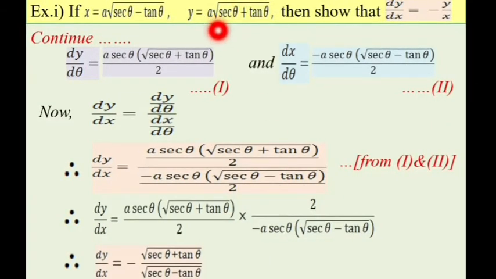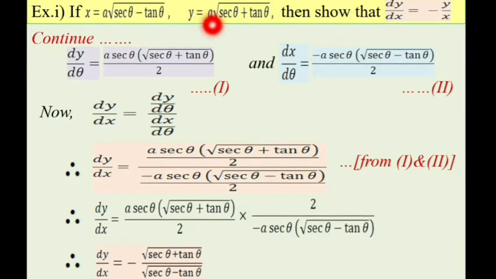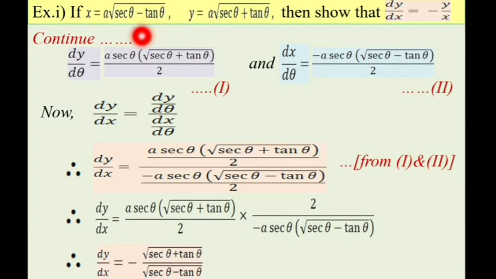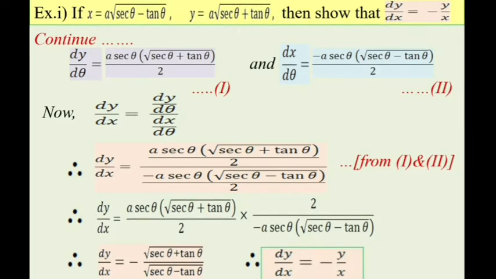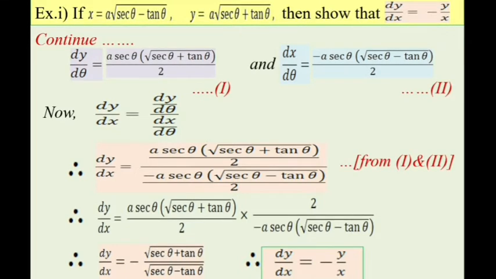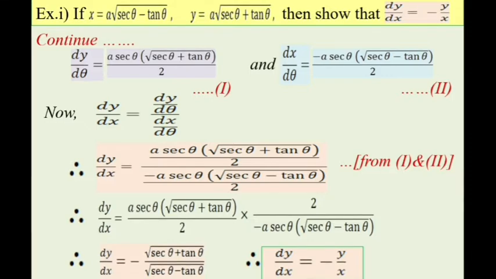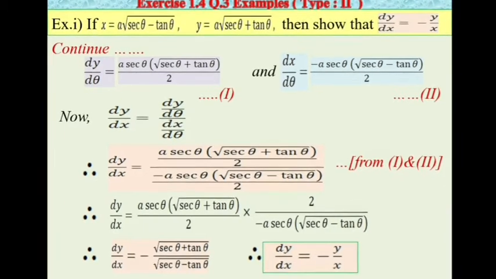Here we get root of sec theta plus tan theta equal to y upon a, and root of sec theta minus tan theta equal to x upon a, where a and a cancel, and therefore we get dy by dx equal to minus y upon x, and that is the proof of our example. We have to show that the derivative of the given function is dy by dx equal to minus y upon x. Okay, you understand?